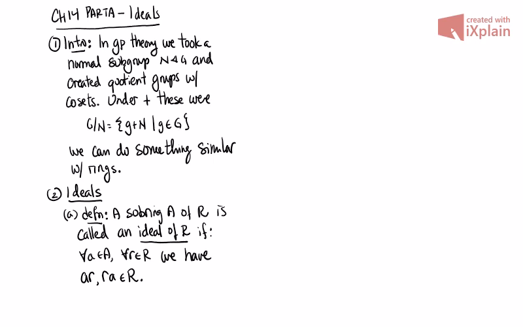So in other words, if you take something in the subring, the ideal, and you multiply it by anything in the ring, you get something that's in the ideal itself. And it doesn't matter which way you multiply it. So we're not saying R is commutative, but it makes no difference which way you multiply, the result is still in A. Now there is a concept in more advanced ring theory about a left ideal and a right ideal, where if you multiply it on one side, it is, and the other side it doesn't matter.